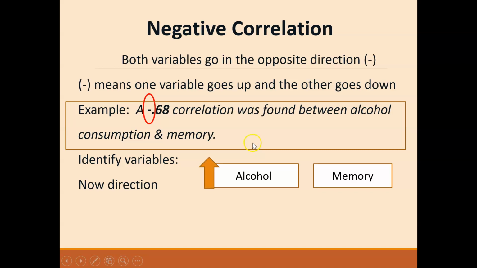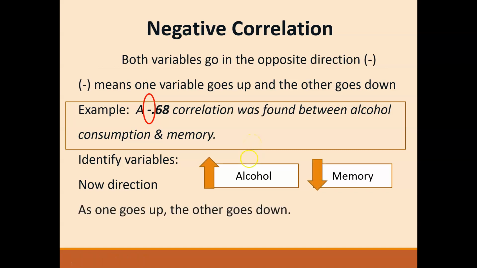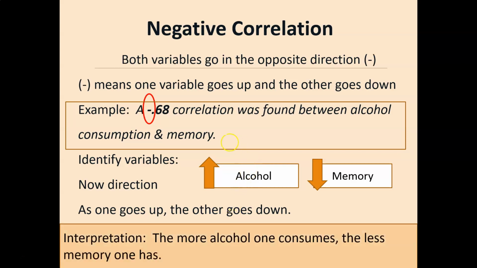So I'm going to put an up arrow next to one, a down arrow next to the other. So now what this means is the more alcohol I drink, the less I remember. And Lord, you know, I've never experienced this, ha ha ha. All right, so when we're looking at a negative sign, all this means is one goes up, one goes down.